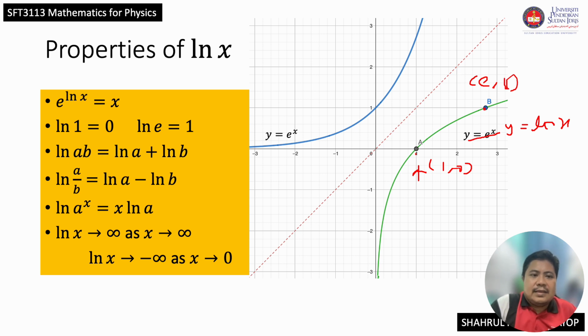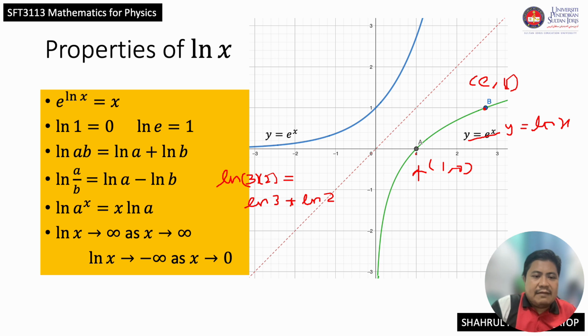Then for the product, ln of AB equals ln A plus ln B. For example, ln of 3 times 2 can be separated into ln 3 plus ln 2.